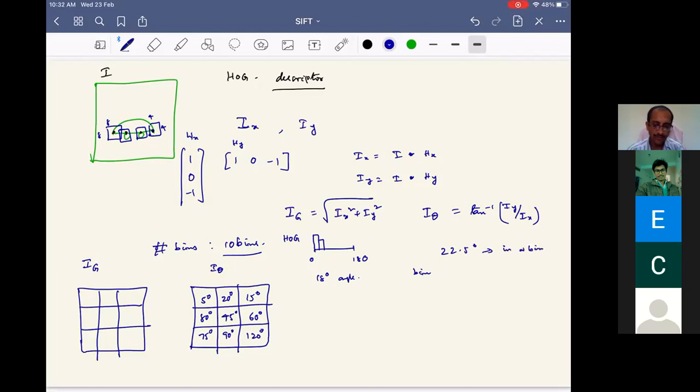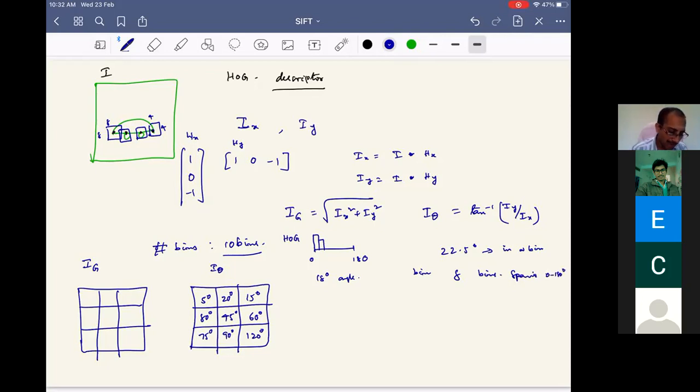So how many bins will you get? 0 to 45, 90: 4 bins and 4 bins, 8 bins. So with 22.5 degrees per bin, we get 8 bins spanning 0 to 180 degrees.